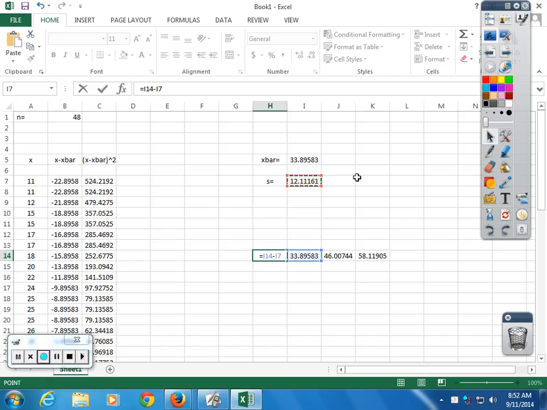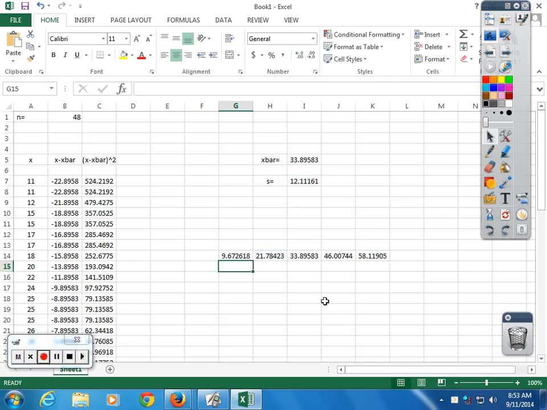Subtract the standard deviation. And there's your normal distribution representing 95%.